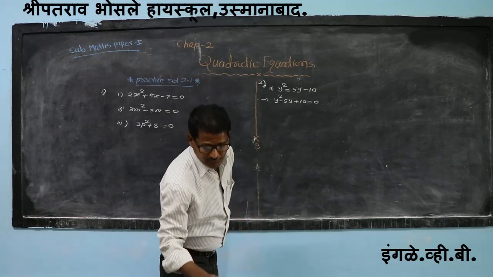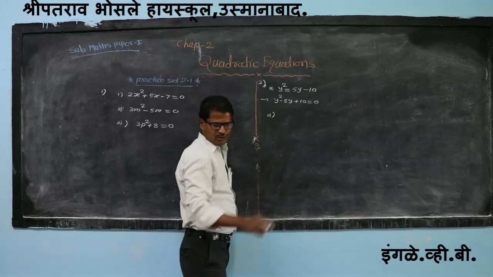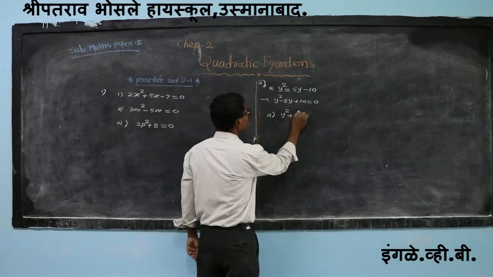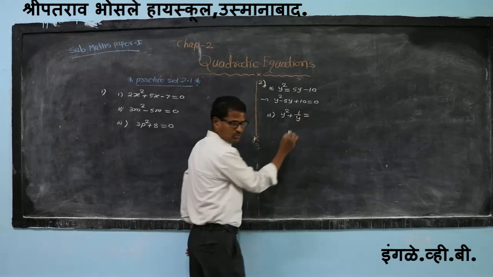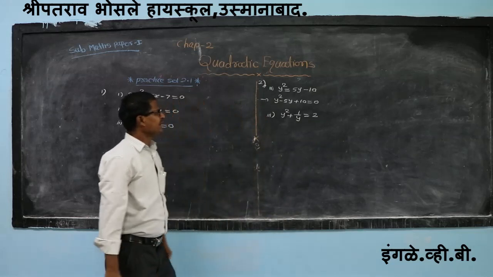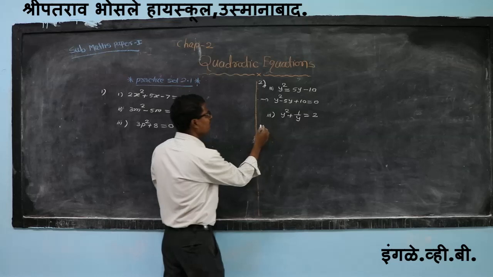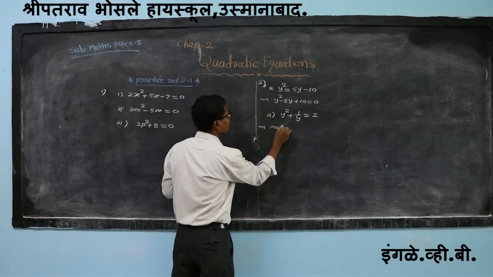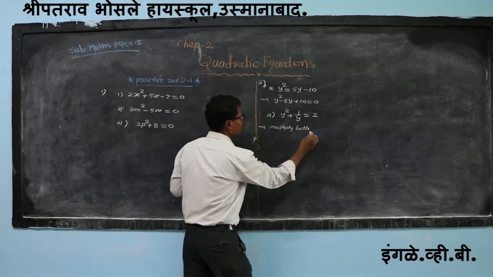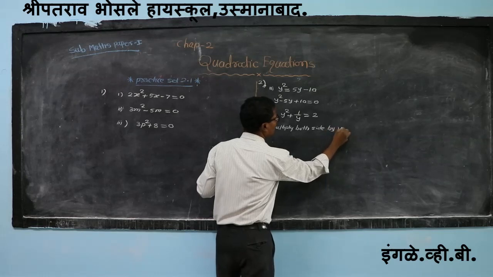Example number 3, y square plus 1 by y is equal to 2. Here we see that the variable is in the denominator, so multiply both sides by y.